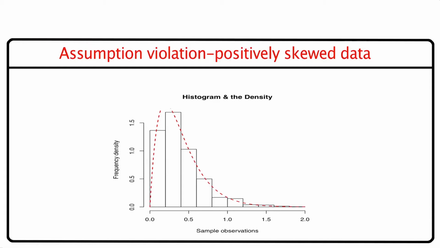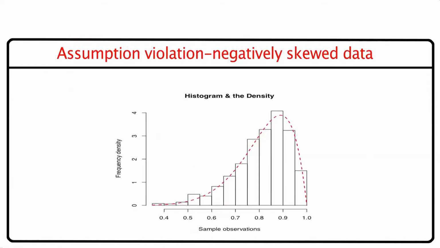In practice, we have a variety of data which are non-normal. For example, we can have positively skewed data where the concentration is towards the lower values and a tail toward higher values, such as from a log normal or gamma distribution. In those cases the normality assumption and the corresponding t-test are not valid.